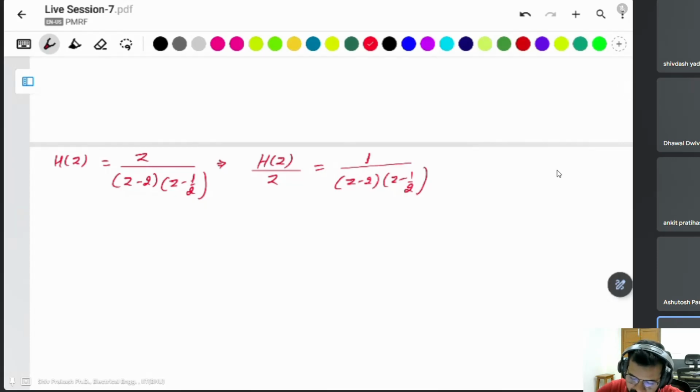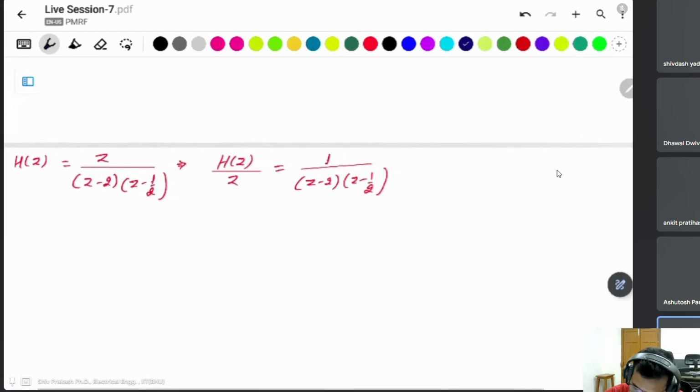I taken this z as common and will explain later; you can understand easily. Take the partial fraction: a over (z minus 2) plus b over (z minus half).